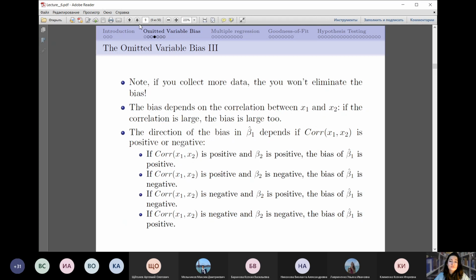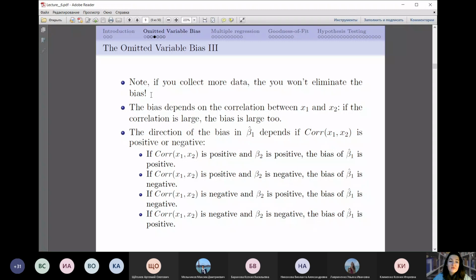So the problem with the omitted variable bias is if you exclude x2 from your true model, and this x2 variable is correlated with x1, and also this variable has a non-zero effect on your dependent variable.